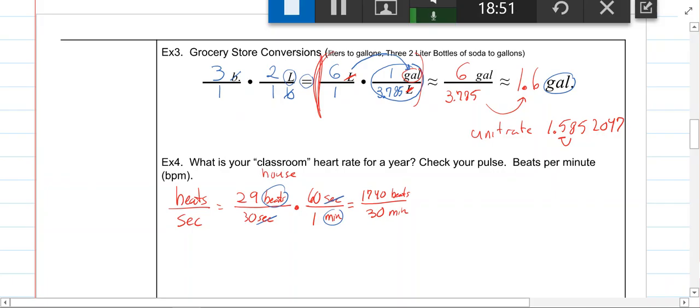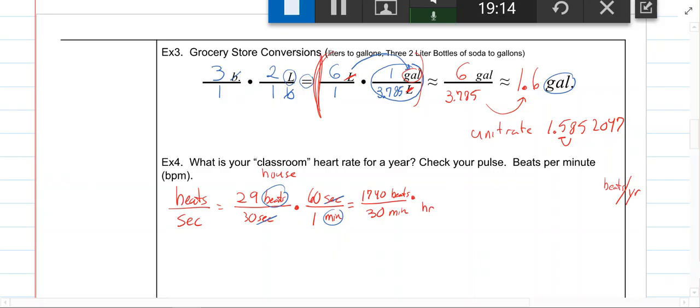Now I'm going to continue on because I want to know how many beats in a year. So I need to get down to way to the end and write this down. I am looking for beats per year. All right, so let's get into this here. I need to change my minutes into years. So I'm going to go through a process. Minutes are going to be changed into hours.